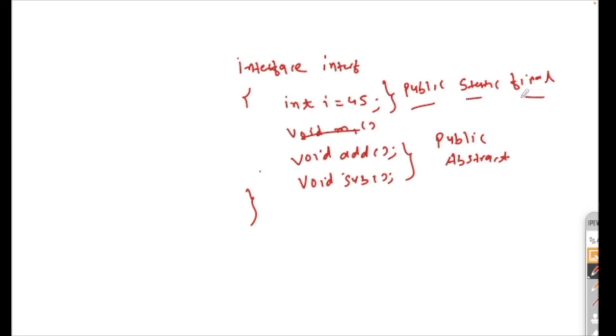Now let's understand why it is final. This is one interface which has the add and sub methods. So now I will create one class, let's suppose public class Addition, which will implement this interface Interrupt.